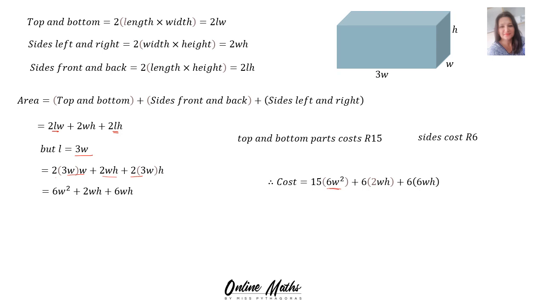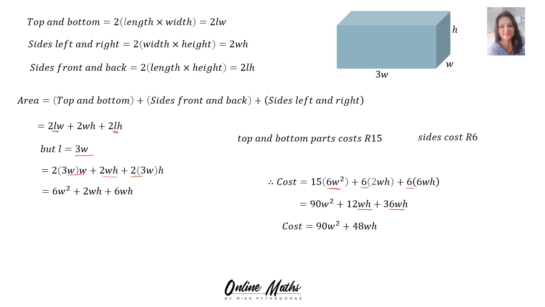And then plus 6 Rand for the sides, front and back, and then 6 Rand for the sides, left and right. And then if you just multiply in the values, you get 90W squared plus 12WH plus 36WH, and you can see that these two are like terms, and you add them, and then there's your equation. Cost is 90W squared plus 48WH.